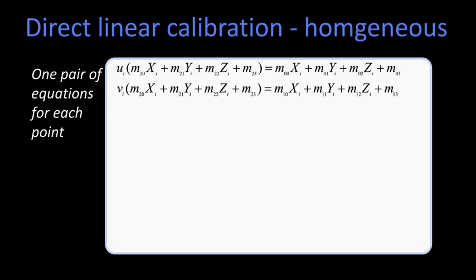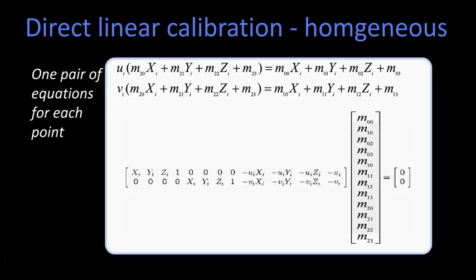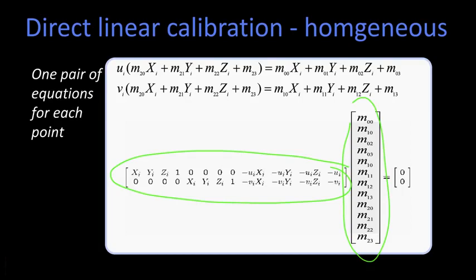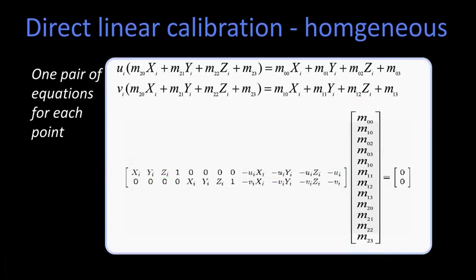I'm going to write this a little bit differently. Here I have all my variables, and here for just one point I have my coefficients. Notice my coefficients involve capital X's, Y's and Z's, those are the values out in the world, along with the v's and the u's, which are the points in the image. Now stretch way back into your memory from linear algebra, and you might remember that usually you were solving equations of Ax equals b, and you could have more equations than unknowns, and you'd solve to a least squares solution.